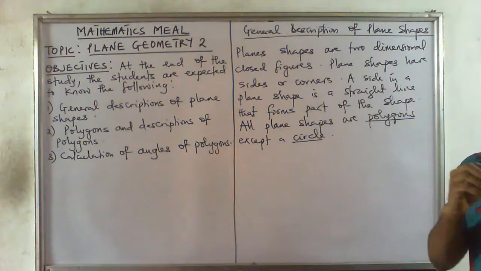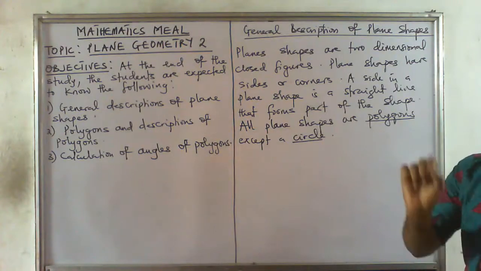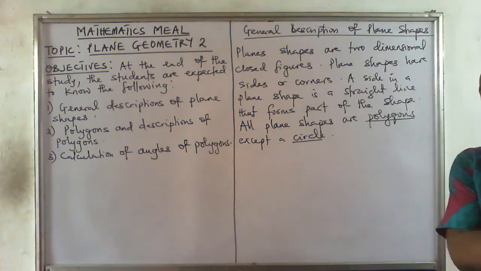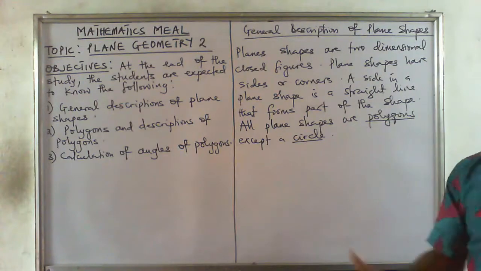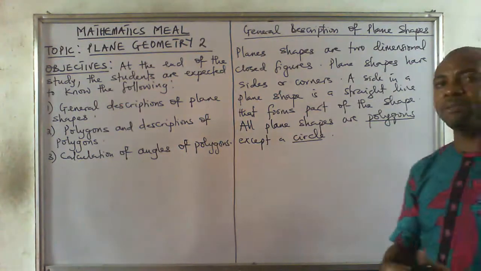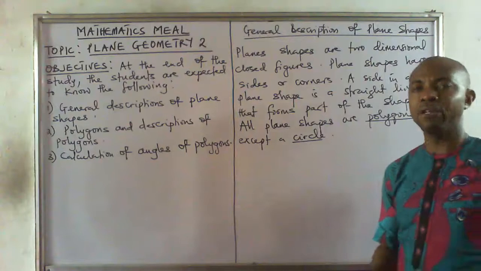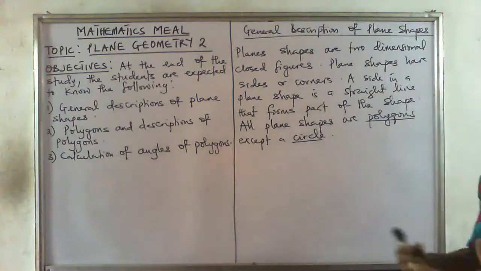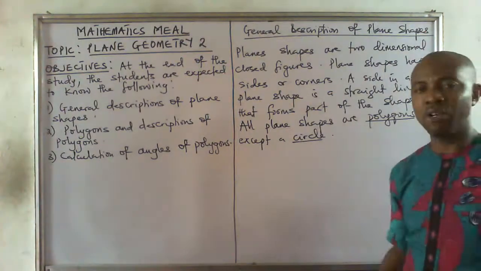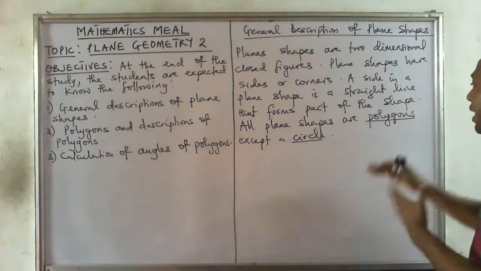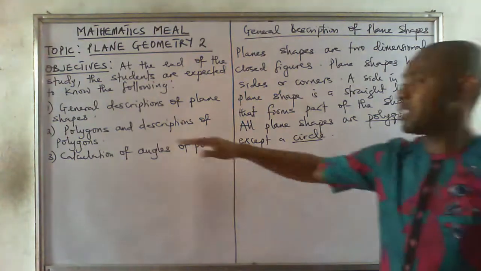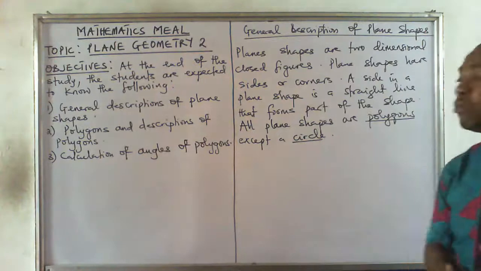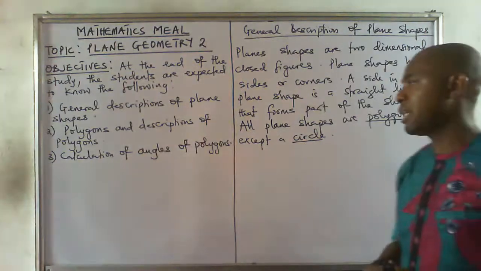A circle is a plane shape. Polygons are also plane shapes. So it's inside polygons that we have all other plane shapes: quadrilateral, pentagon, triangle, hexagon, decagon, and so on and so forth. All of them are inside polygons. And that's why for the second objective, we want to look at polygons and their description.